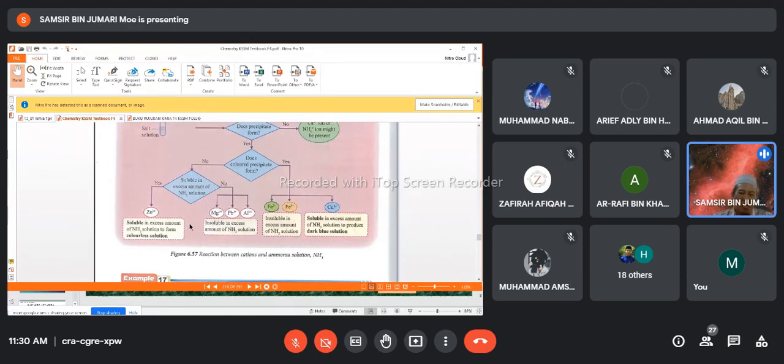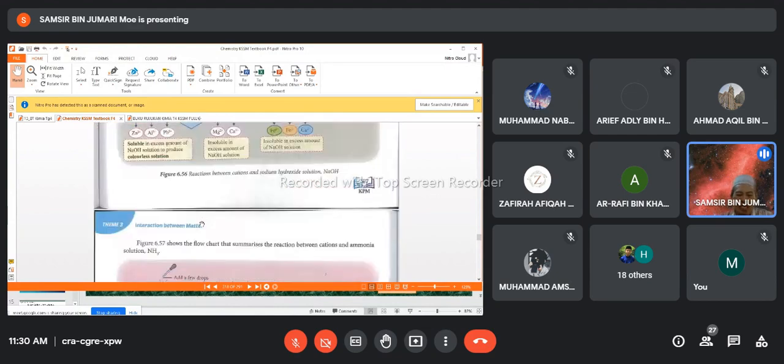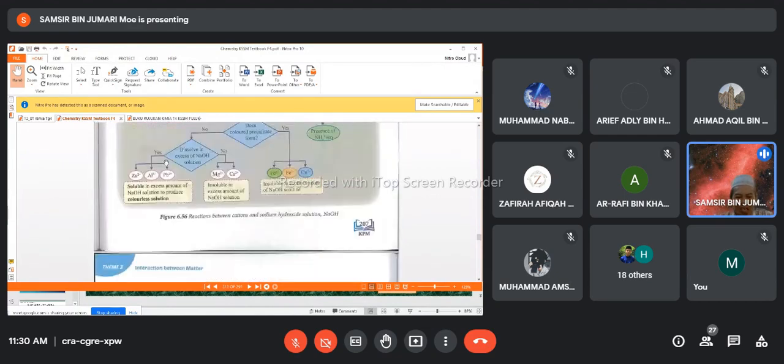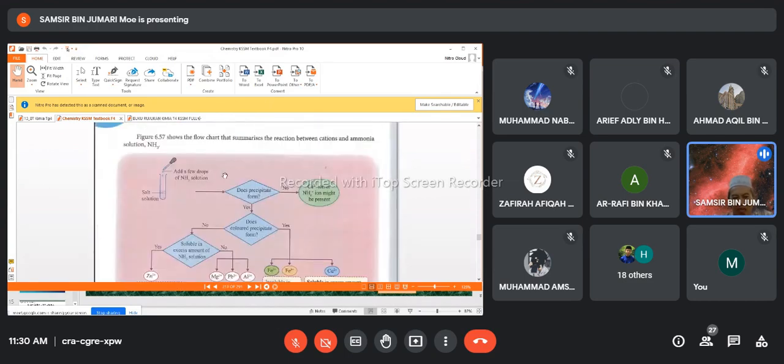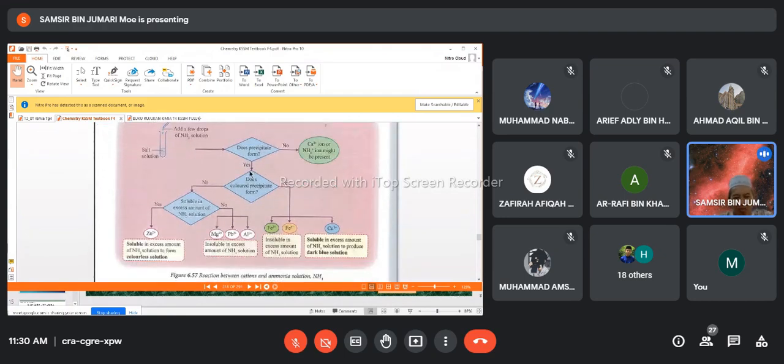Okay, jadi maknanya tadi daripada tiga ni tadi kan, kita dah boleh distinguish atau kita boleh saringkan daripada sini satu daripadanya. Okay, maknanya based on the ammonia aqueous solution reagent, we can exactly identify that zinc ion is present in the salt solution.